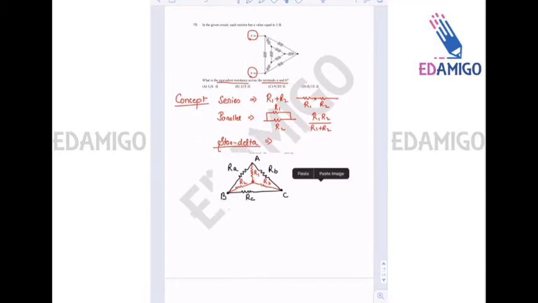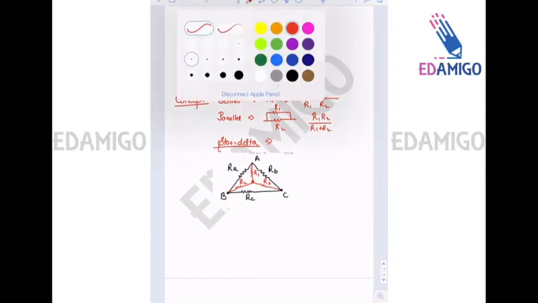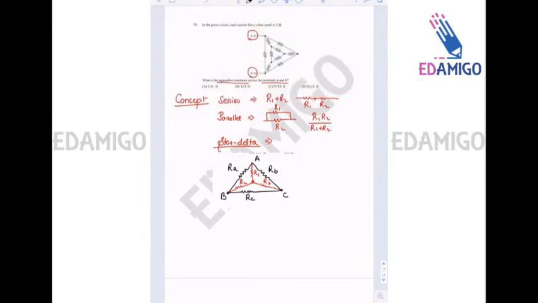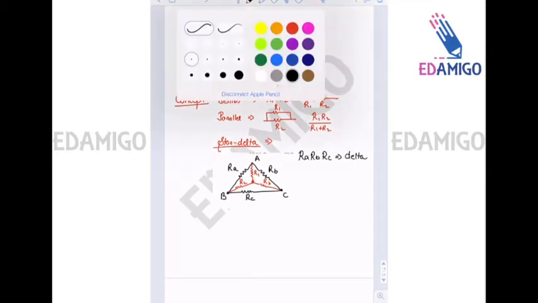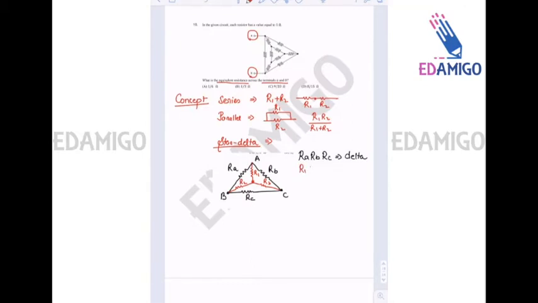If you have the resistances RA, RB and RC form a delta, and the resistances R1, R2 and R3 form a star.